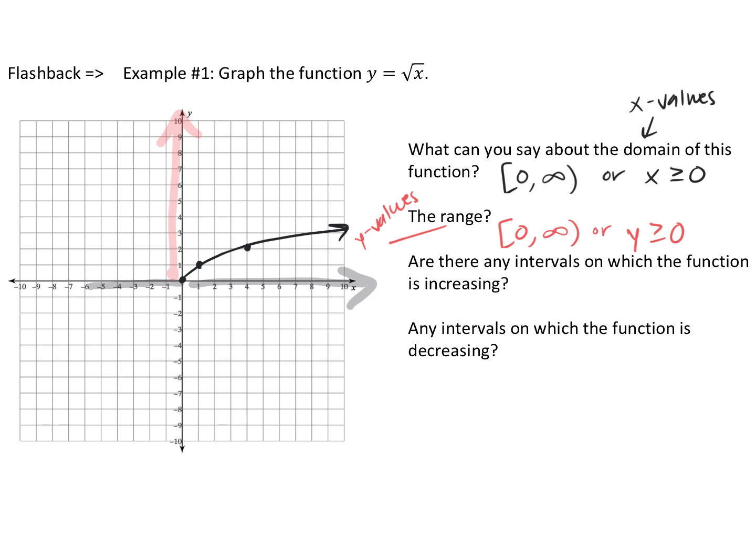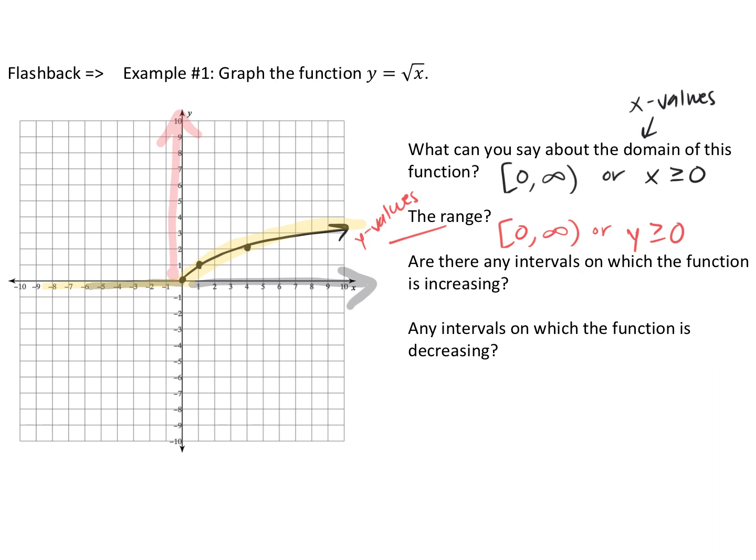Now, looking at this function, as I look from left to right, okay, what is happening to my y values? Are they getting bigger or are they getting smaller? They are getting bigger, right? So that means it is increasing on that function, from 0 all the way over to infinity.